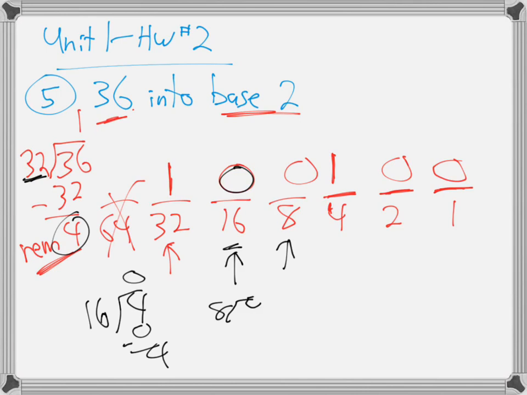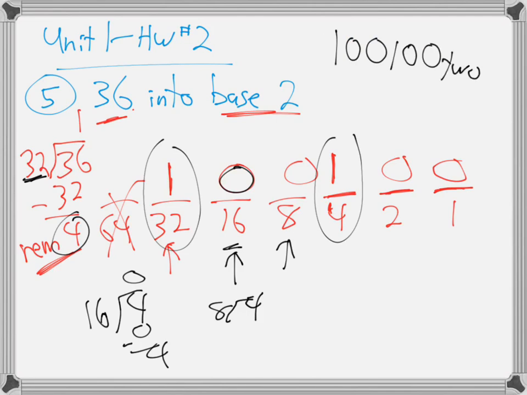Then you'd try to go 8 into 4. See how it's kind of a waste of time, really. It's just going to keep being 0. In the end, you need 4 more. 32 and 4 makes 36. That is the number 36 in base 2. Does that make sense? So 100100 base 2 is 36.